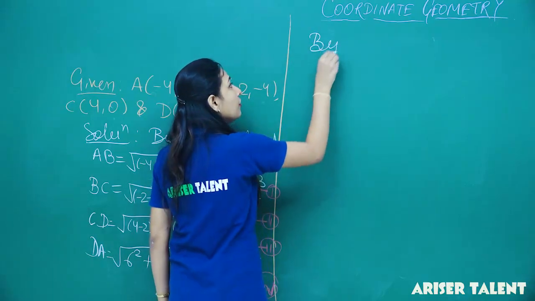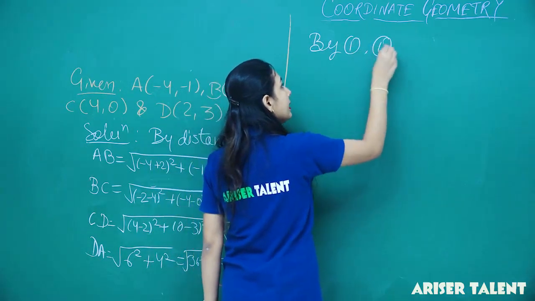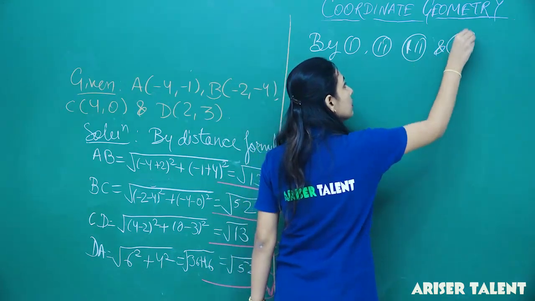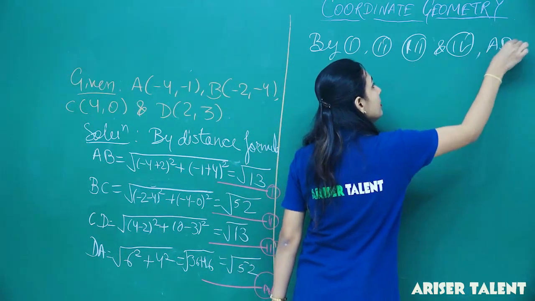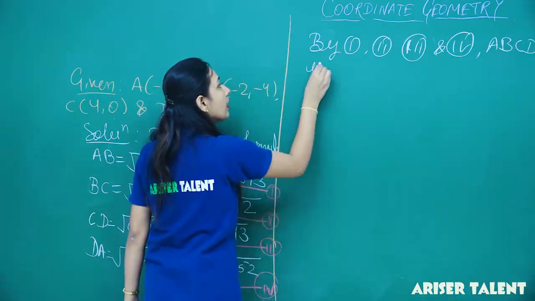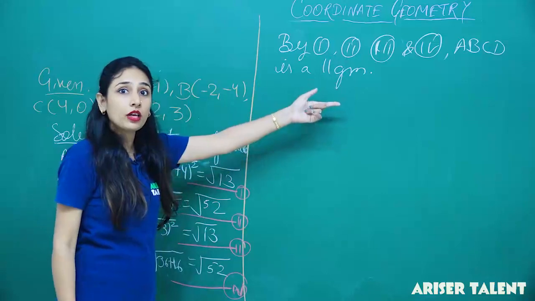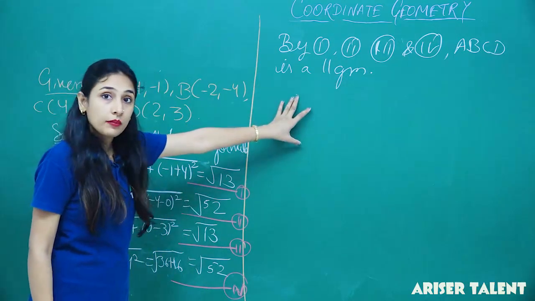By the first, second, third and fourth, ABCD is a parallelogram. It's a sign of a parallelogram.